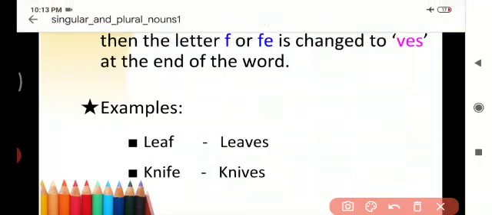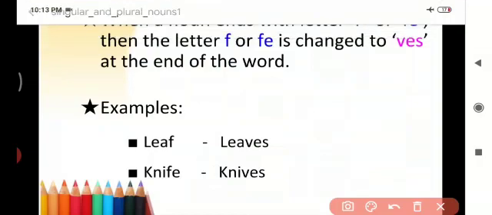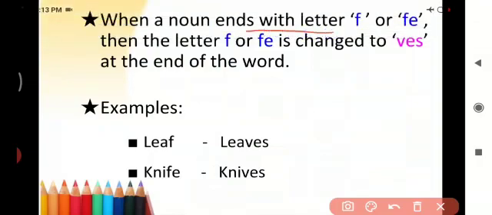So the next rule is when the noun ends with letter f or fe, then we need to change that f or fe to ves. See examples here, leaf, knife. So these words end with f, fe.